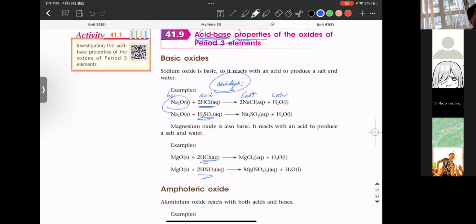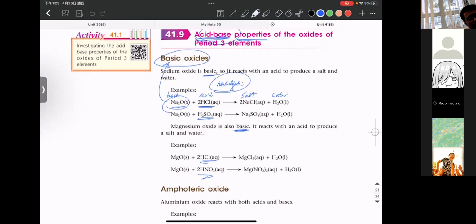It is a base, right? So that oxide is a base, we call it basic oxide. Do you understand? You do that similarly, irrespective of different forms of acid, HCl, H2SO4, react with that oxide, they will also form salt and water. So for magnesium oxide, according to this definition, we can also say that it is the basic oxide.